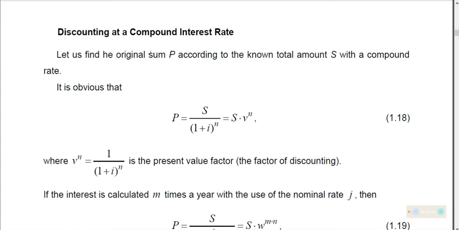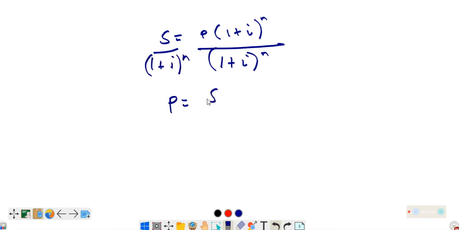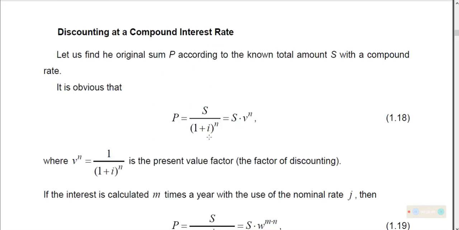So let us find the original sum P according to the known total amount S. Meron kang final value, pero wala kang principal. So it is obvious that P is equal to S over 1 plus I raised to the power of N. Saan to galing? Kakasulat ko lang. Ayan. So, all you have to do is to divide both sides by 1 plus I raised to the power of N. You will end up with P is equal to S over 1 plus I raised to the power of N. Ito siya.